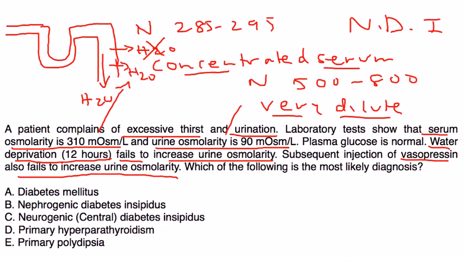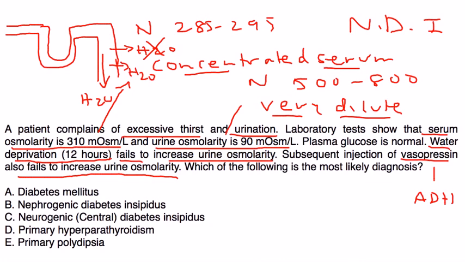But in diabetes insipidus, the water deprivation test doesn't work. Even if the pituitary releases the ADH, the kidney is unresponsive to the ADH. So then you give exogenous ADH, which is also known as vasopressin, and that also fails.